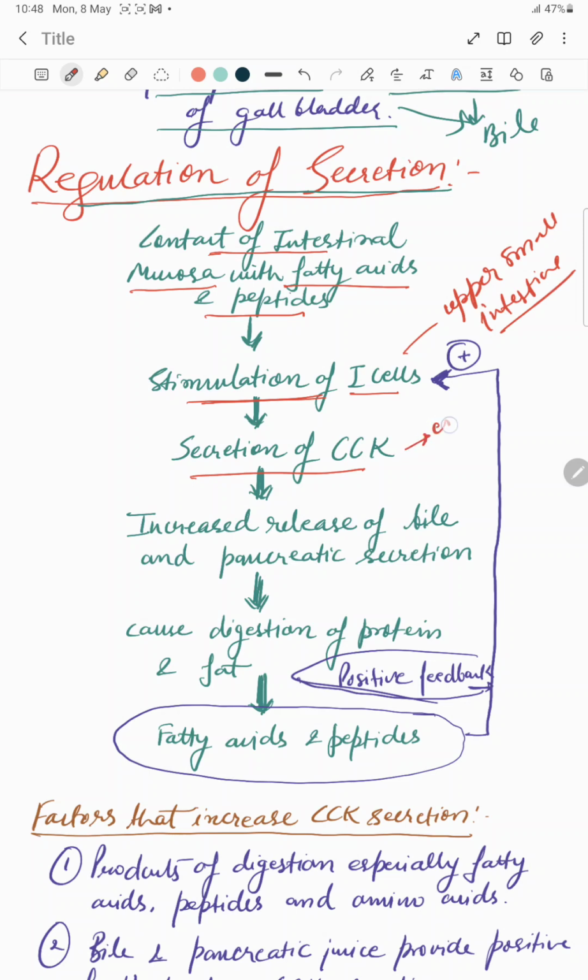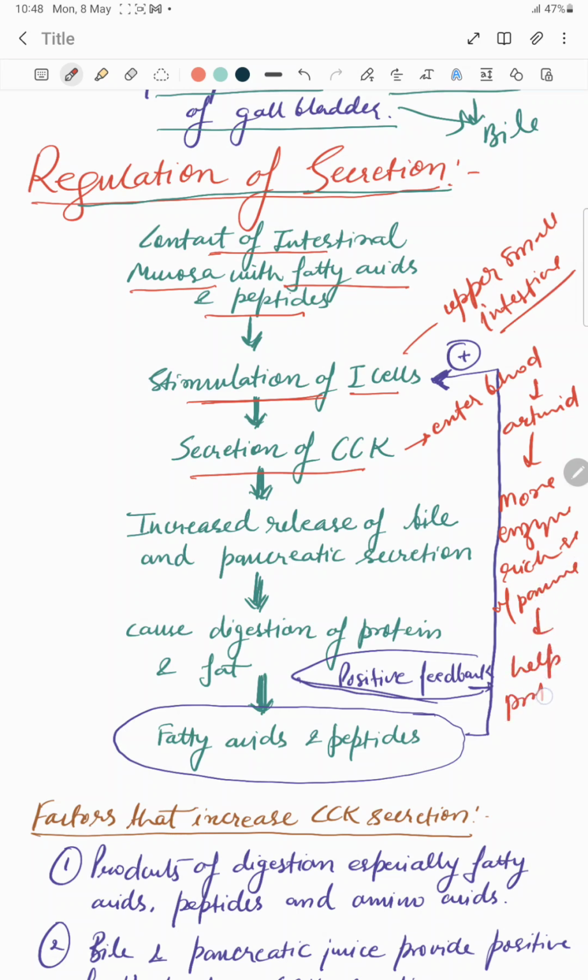Then this cholecystokinin enters the blood and via circulation causes more enzyme rich secretion of the pancreas, and this helps in protein digestion, because the enzymes present in the pancreas are proteolytic enzymes. Another effect is contraction of the gallbladder. This causes release of more bile from the gallbladder, which helps in digestion of fats.